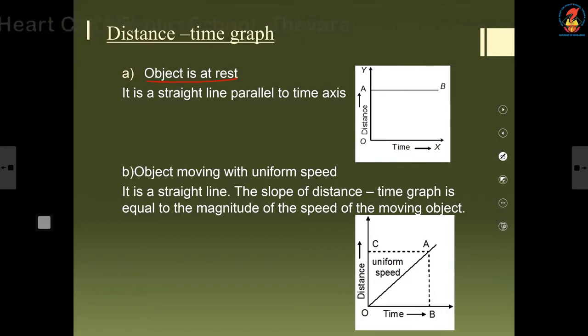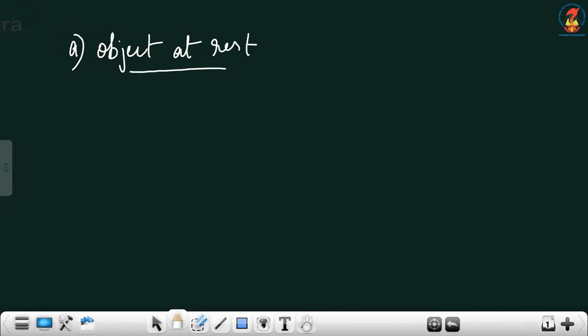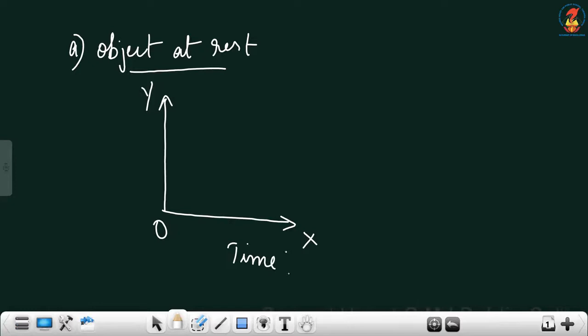Now I will draw the graph here. Phase 1, object at rest. We need to draw the distance time graph when the object is at rest. So first we will mark the x axis, y axis, origin, time, its SI unit, distance, its SI unit.